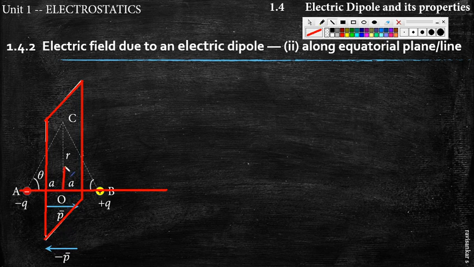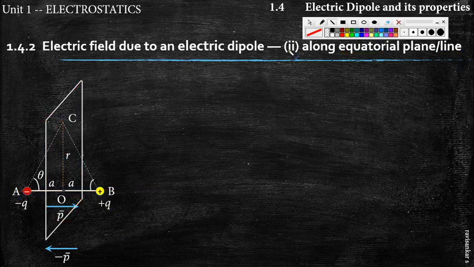And the line OC here, which is on the equatorial plane and passing through the center as well, is called the equatorial line. So this derivation gives the electric field along the equatorial plane as well as the equatorial line. We're going to find out for this point the electric field due to the dipole, namely AB.